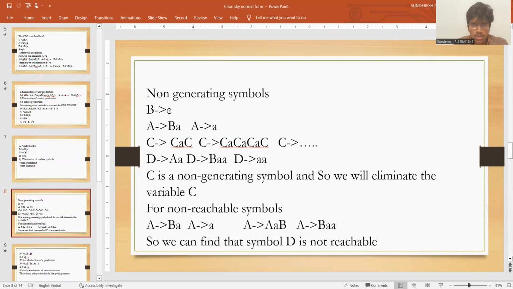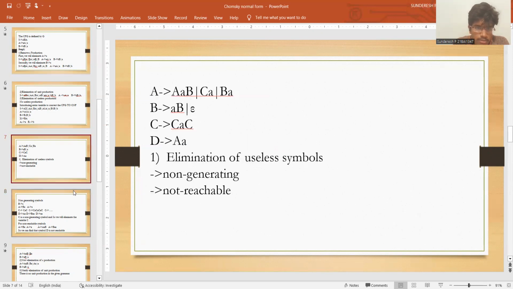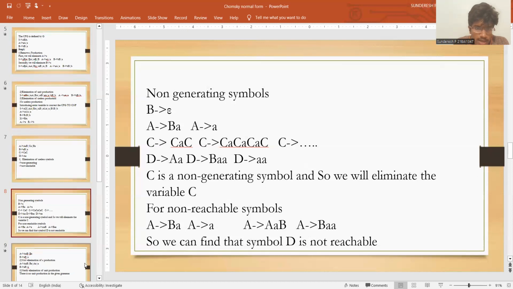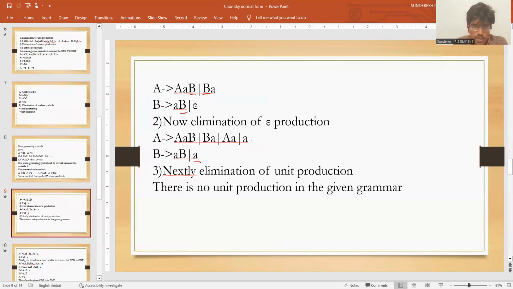For the non-generating symbols, we have C, because it is generating continuously infinite times, so we consider this a non-generating symbol and we eliminate this variable C. For the non-reachable symbols, we have D, because we can't get D from A, whatever the method is. And we eliminate this CA also because we have eliminated the variable C.